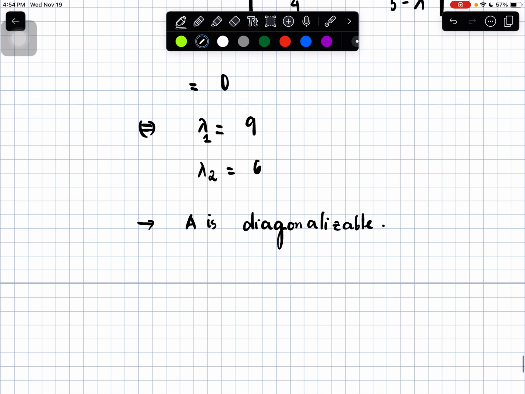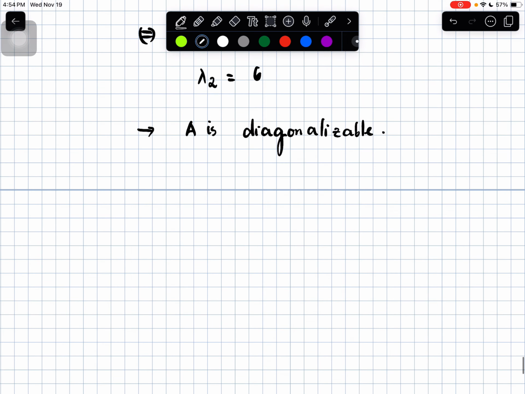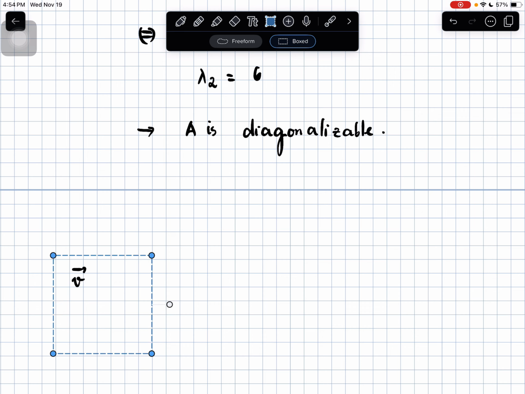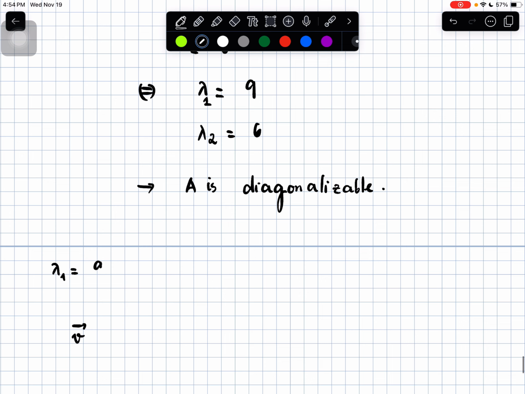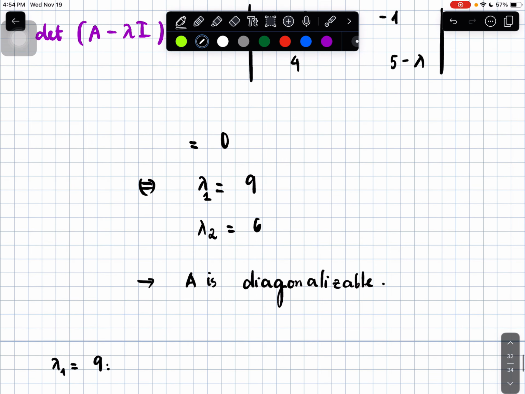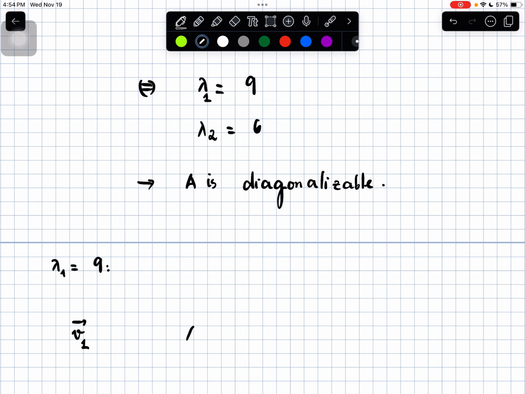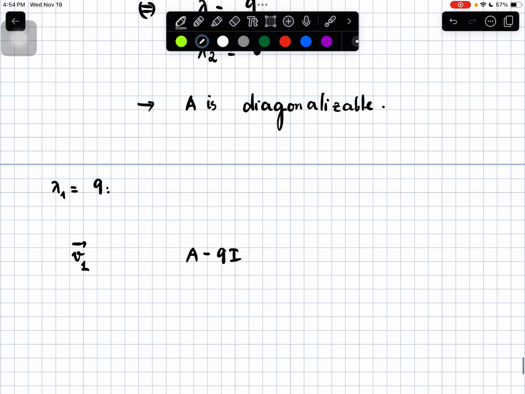Now we find the eigenvector corresponding to 9. So V corresponding to lambda equal to 9. Let me call it V1. And this is actually you are solving the system of equations A minus 9 I times V1 equal to 0.